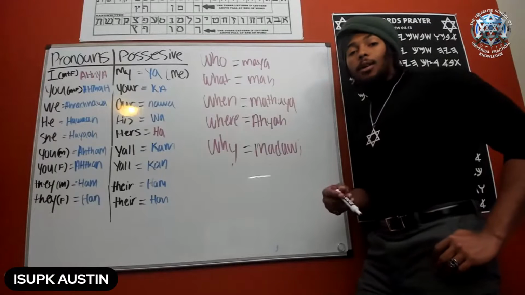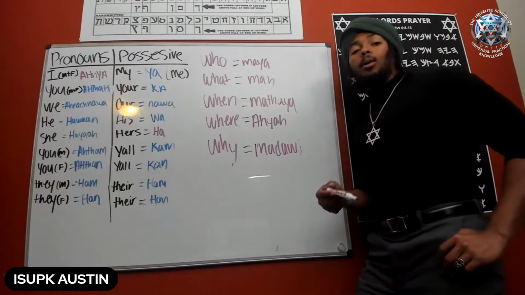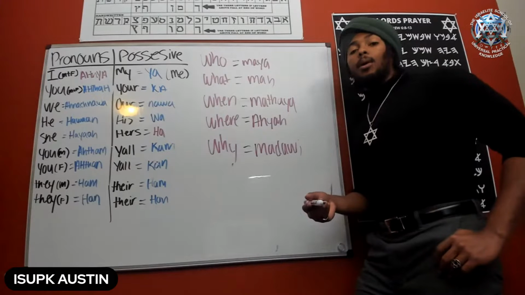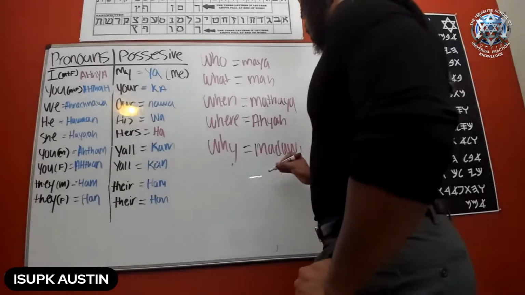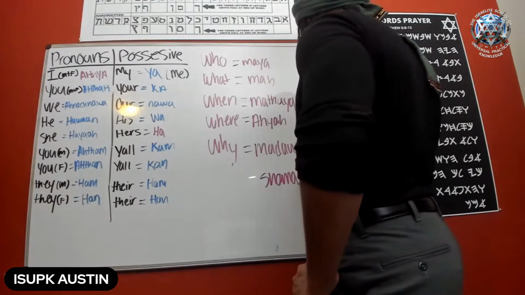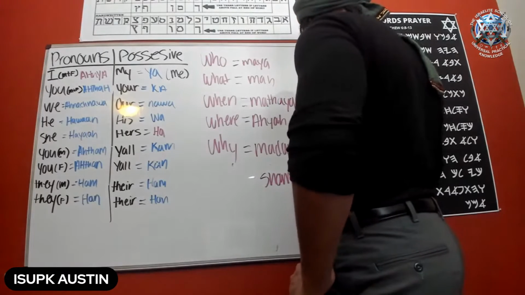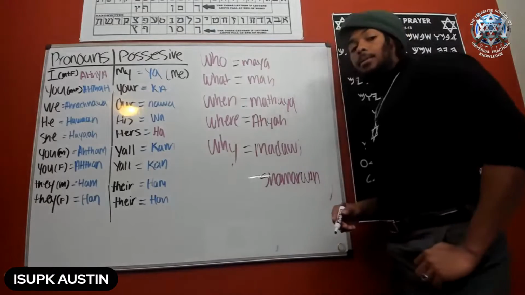Putting wan at the end of a word makes it a noun, or more of a name, right? So when you see things like Shamar, you add a wan, it turns it into the name of a person, Shamar wan, right?